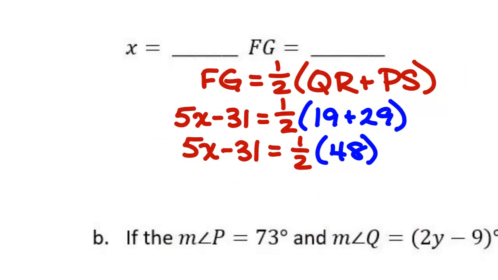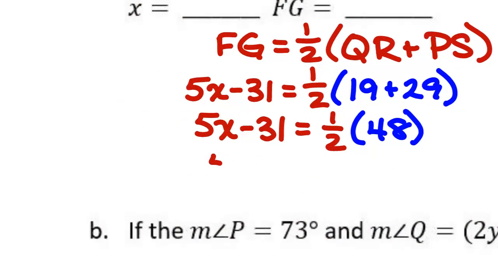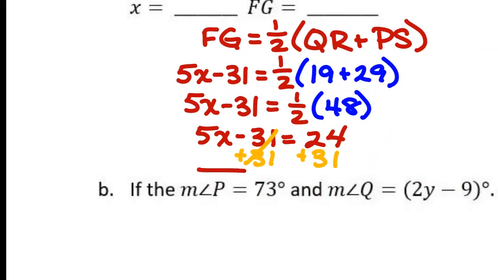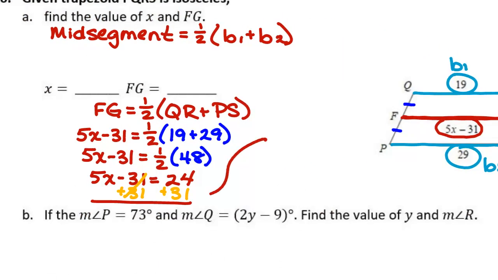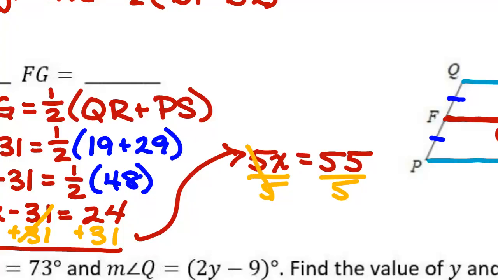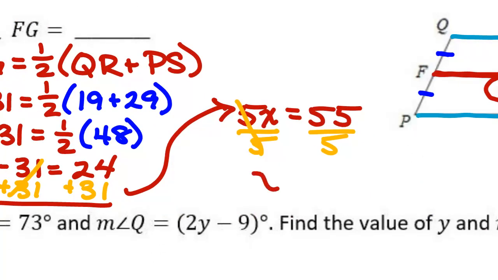What is half of 48? 24. 5x minus 31 equals 24. Then we would add 31 to both sides. That would give me 5x equals 55. And then I would divide both sides by 5. And I would get that x is 11.